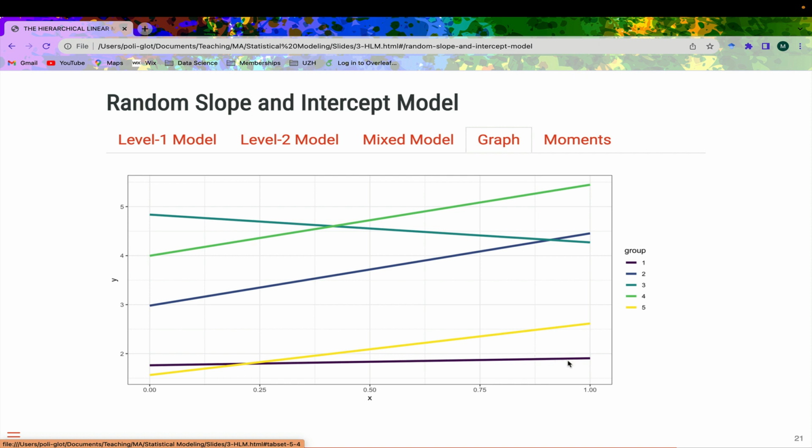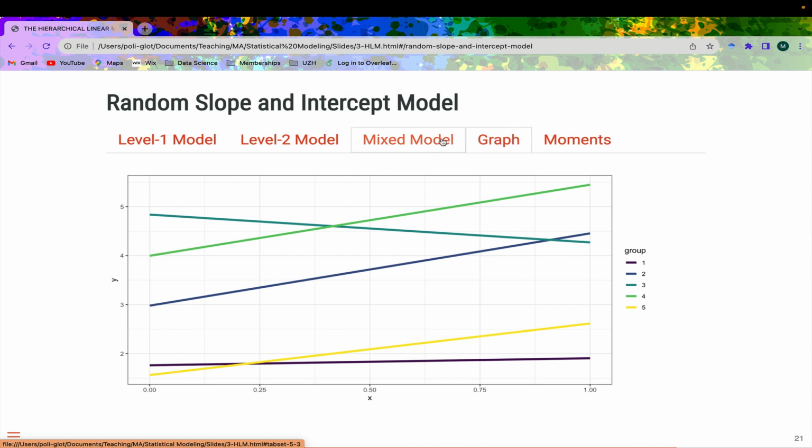One has a slope that is practically indistinguishable from 0. So this would be a group where x really has no bearing whatsoever on the outcome. And here we even have a situation where the effect of x reverses to be negative. So increases in x in that group are associated with decreases in the expected value of the outcome variable.